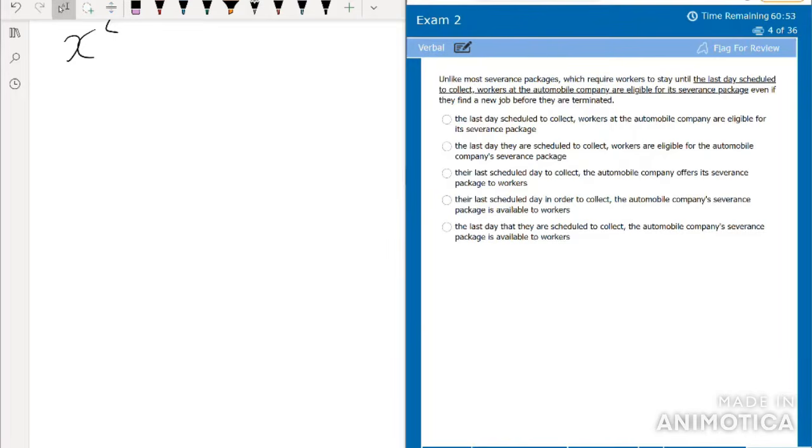No, D is the only one that's explaining that. And we've also got an unlike most severance packages compared to a severance package in D. So I'm liking D.